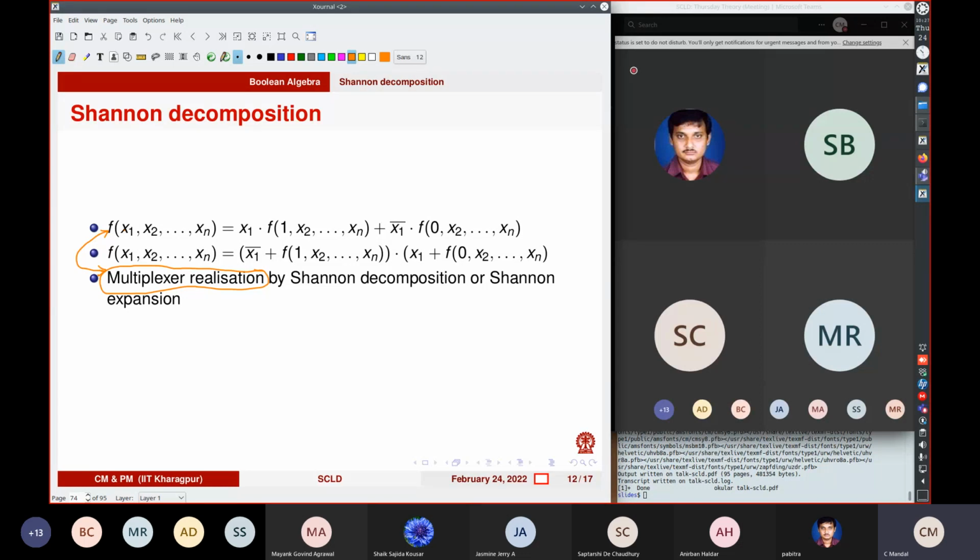So you can carry on this process recursively to get a multiplexer realization of the function.